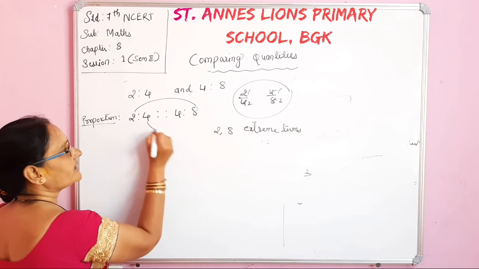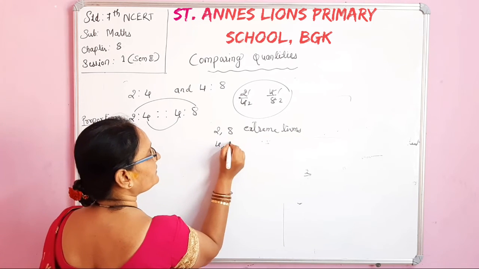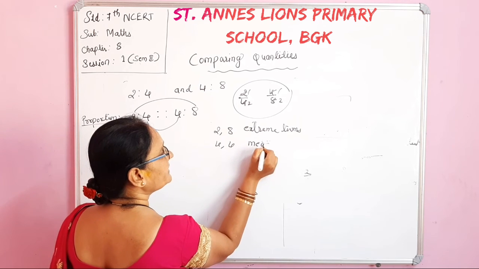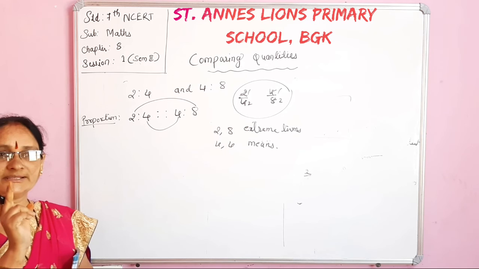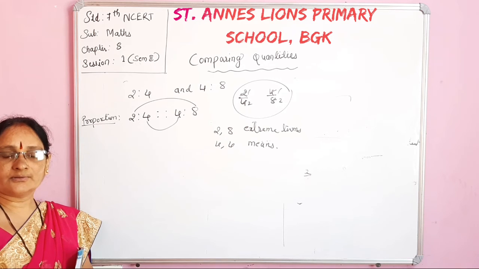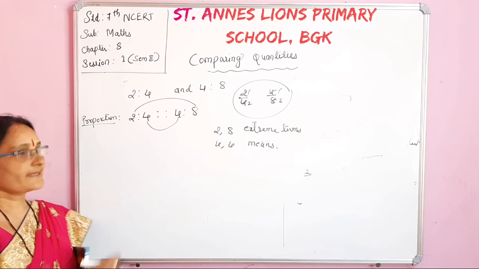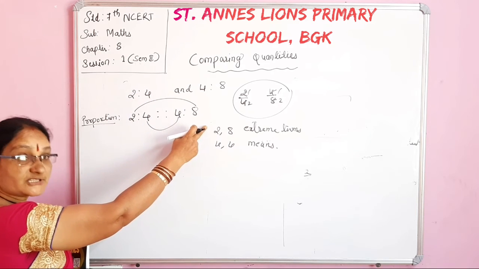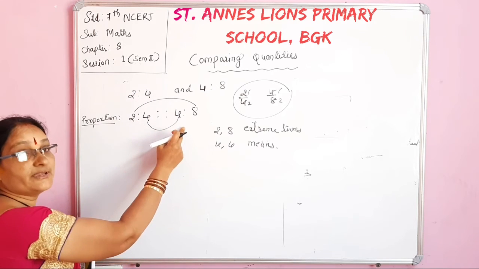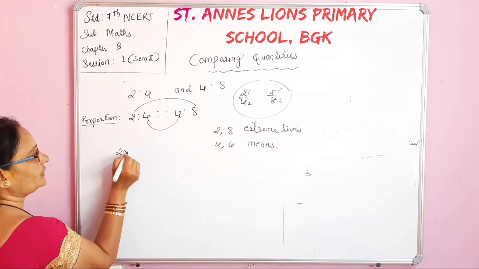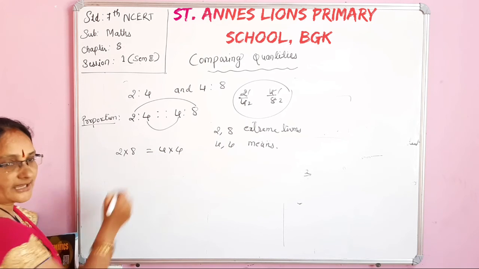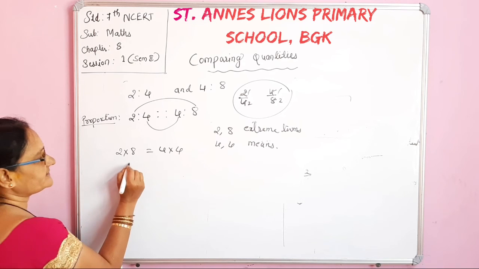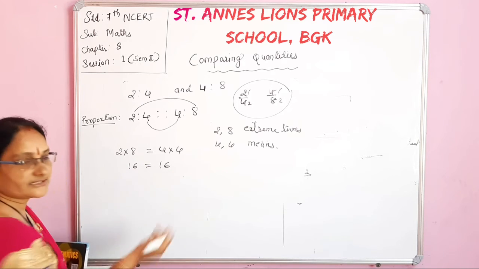And 4 and 4 are called means. And there is a rule of proportion. What is it? The product of extremes must be equal to the product of means. Yes, 2 into 8 is equal to 4 into 4. Are they the same? Yes, 2 8s are 16, 4 4s are 16.